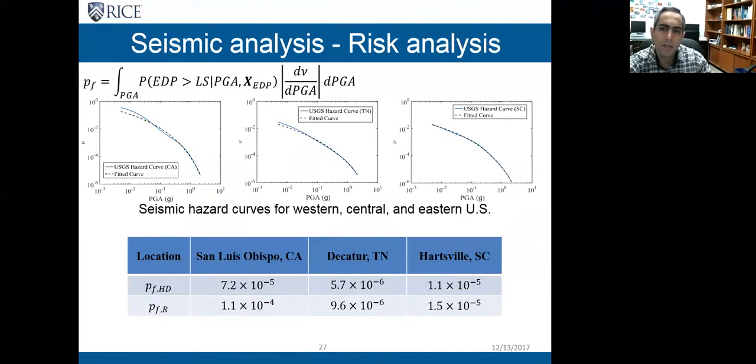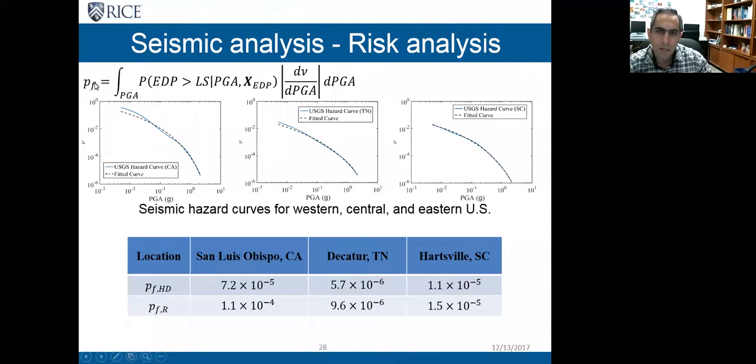Another application of the fragility curves is risk analysis. We can integrate our hazard over the fragility curve to estimate the risk for any given location. In this slide, I have chosen seismic hazard curves from the USGS website for a location on the West Coast, on central US, and then on the East Coast.